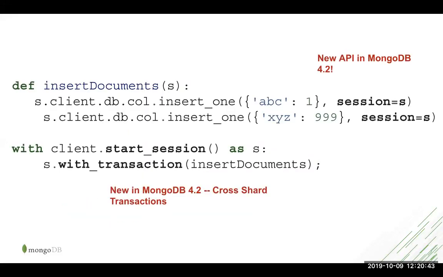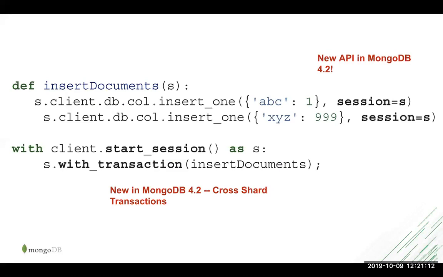Great. Now, given everything we talked about in 4.0, you still have the flexibility to listen to those error labels yourself, but we made this even easier in 4.2. So here's an example of what you need to do to handle error logic in MongoDB 4.2. We talked about how I was proud of all that code on the previous slide, but now I'm even prouder of us as an engineering team.